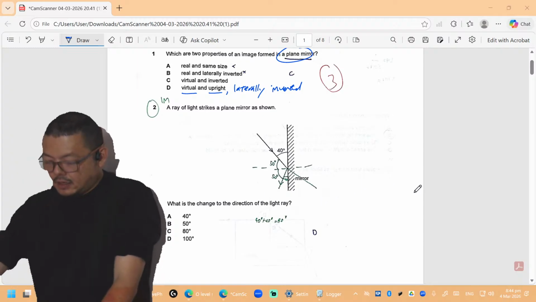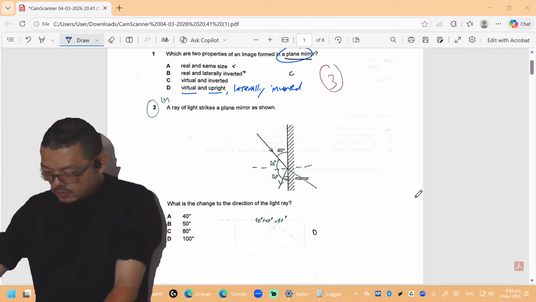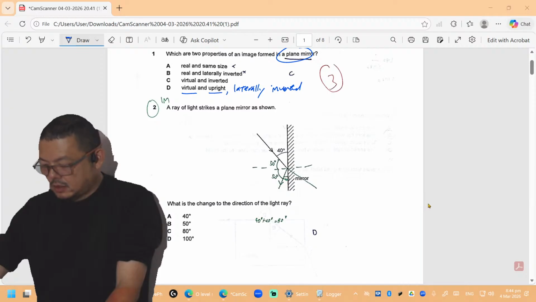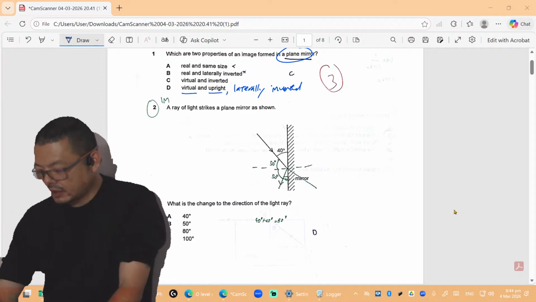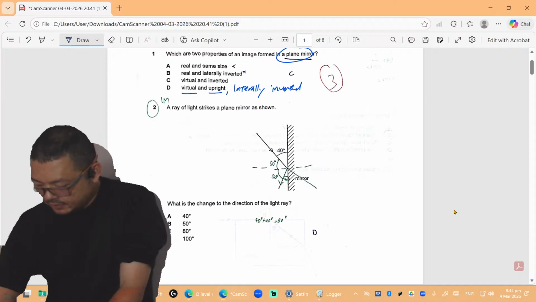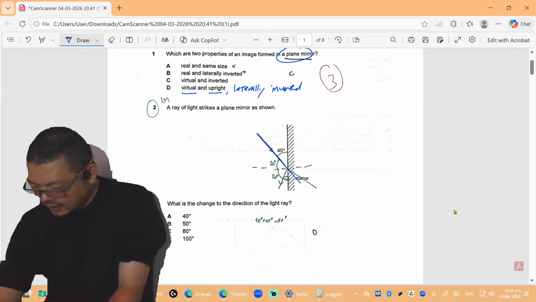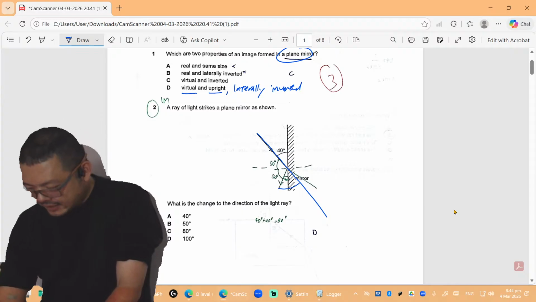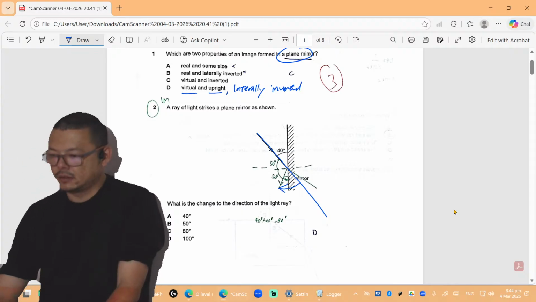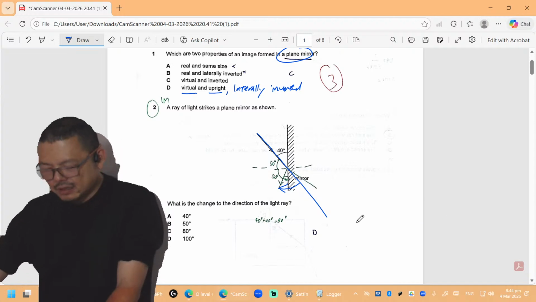Then question 2. Change in direction of the light ray. Yeah, it's tough, because the light ray is originally like this. Then they're asking for the angle of deviation.